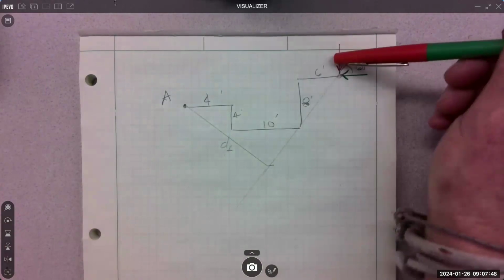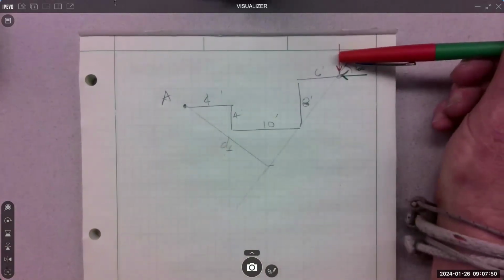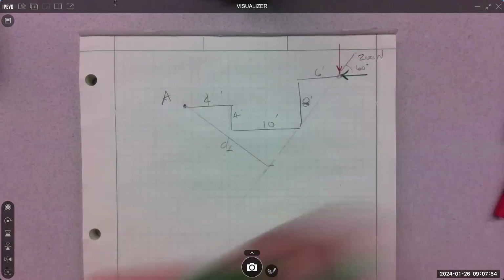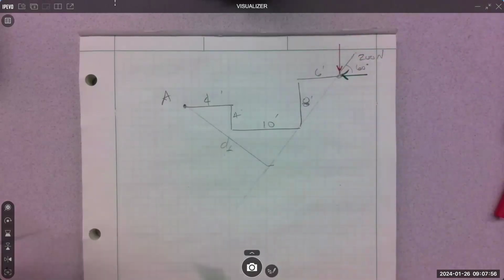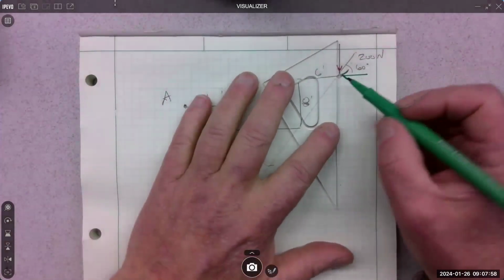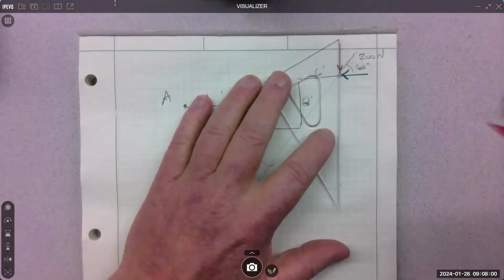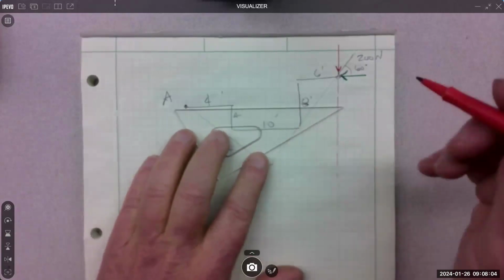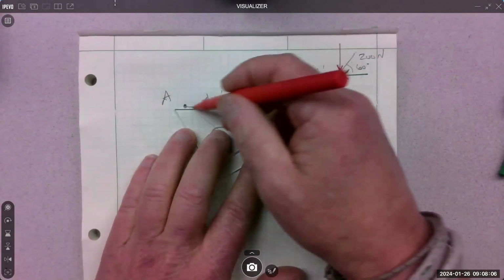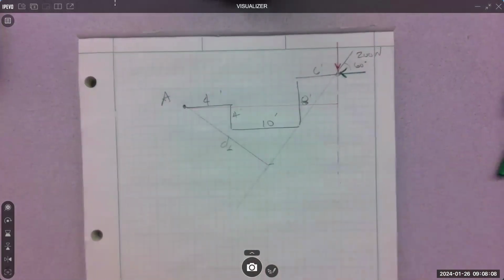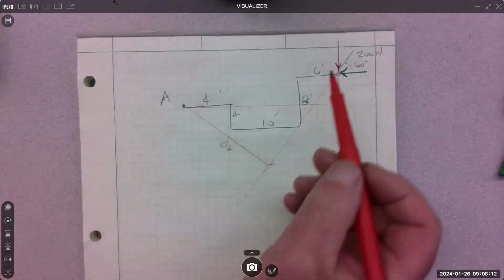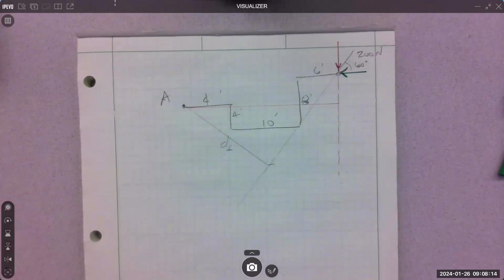What's the distance for the Y component? Remember, we just say, oh, here's the line of action, and then here's the perpendicular distance for the red. And it's 4 plus 10 plus 6. 20 feet.